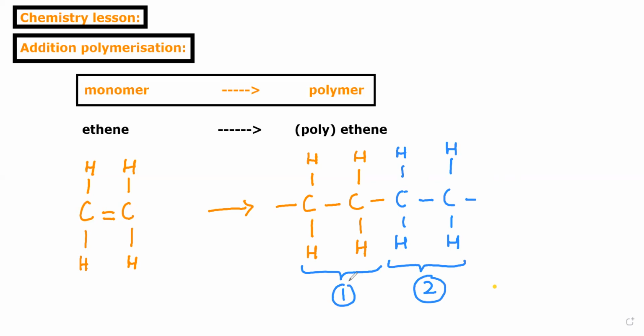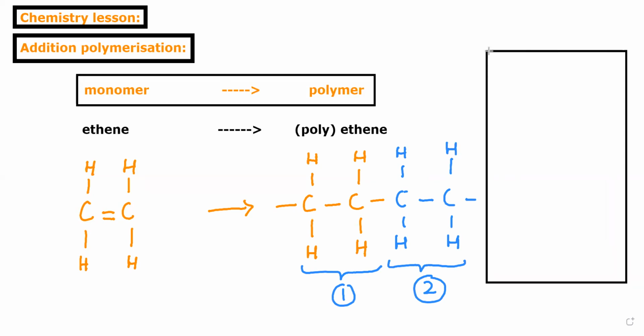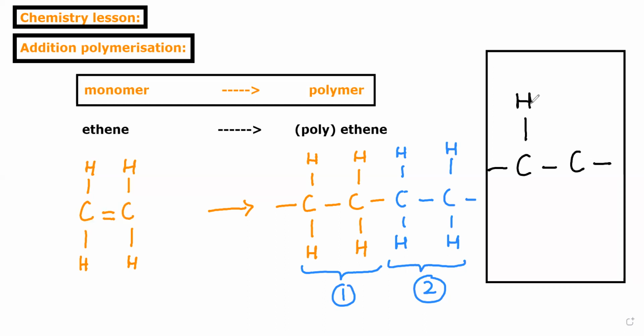Also, sometimes in the exam, they won't tell us how many repeated units they want. In that case, what are we going to do? Let me draw it here. Then, we will go for C, making sure single bonds, because we are drawing a polymer, continuation of bond. And since they haven't told us the number, it means unlimited, right?